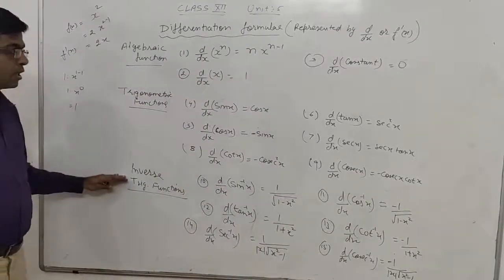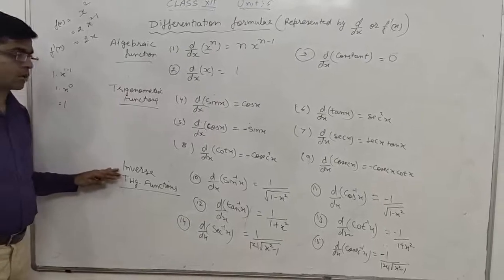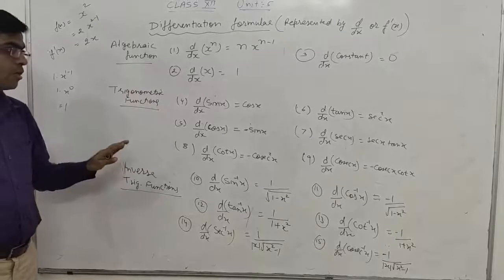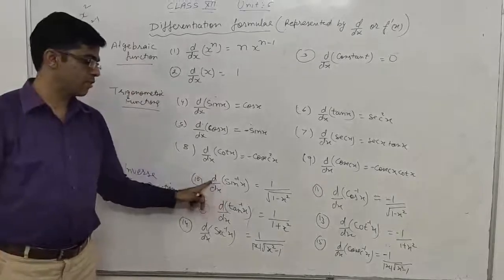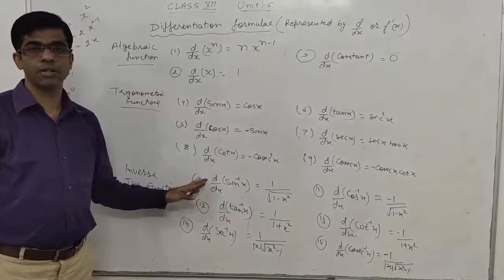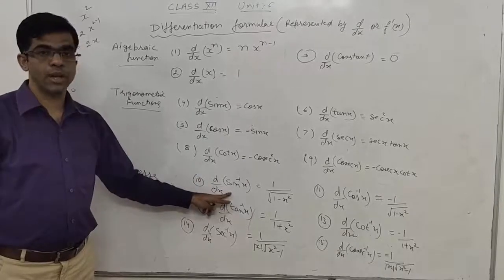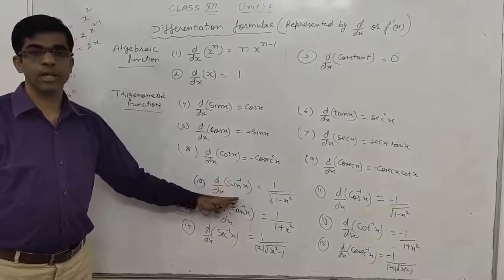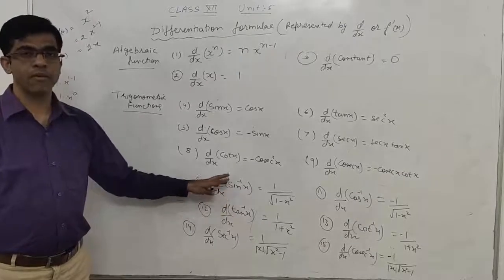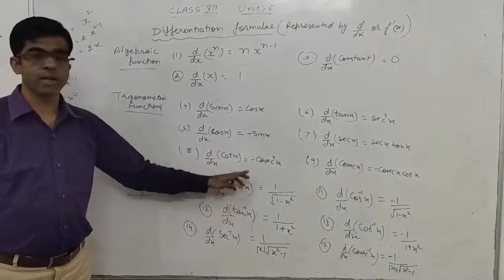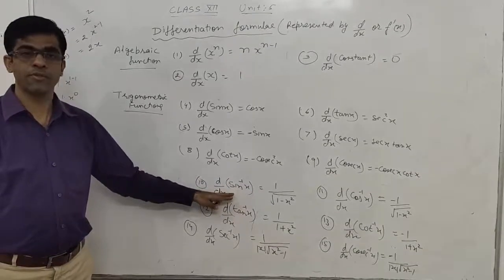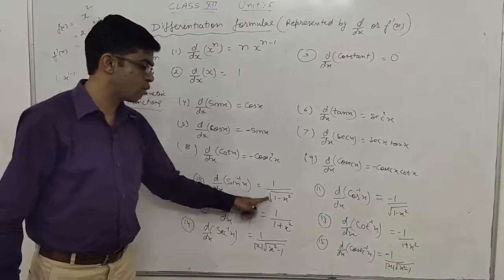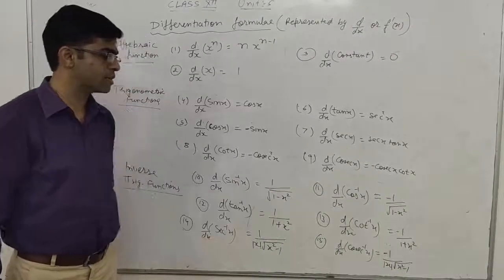Now comes another category, that is inverse trigonometric functions. First was the algebraic function, then trigonometric functions, then inverse. As we have studied the inverse trigonometric functions chapter, we should also know the derivative of sin inverse x, and we will try to derive one or two inverse trigonometric function differentiations. The differentiation of sin inverse x is 1 upon the square root of 1 minus x square.